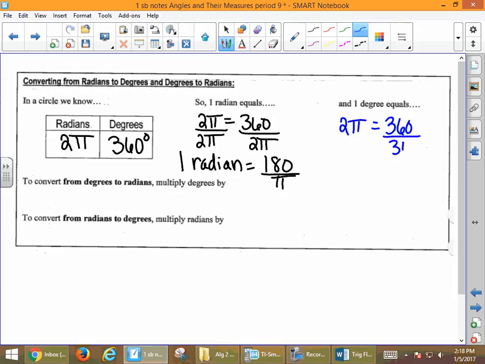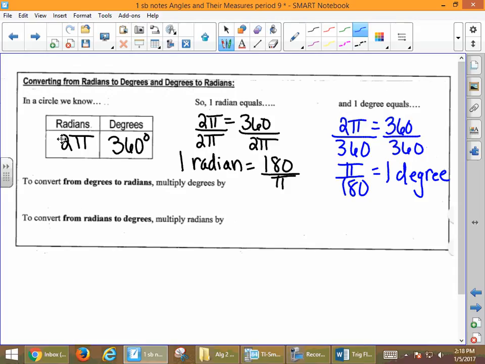So if we divide both sides by 360, 360 divided by 360 is 1 degree. And we can simplify 2 pi divided by 360. Well, 2 goes into 360 180 times. Pi over 180.